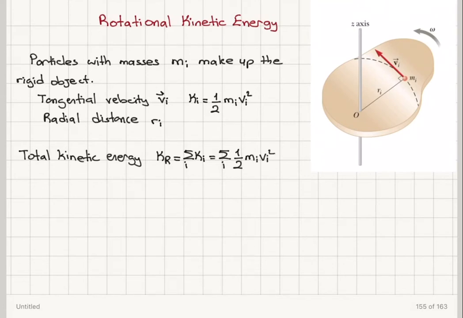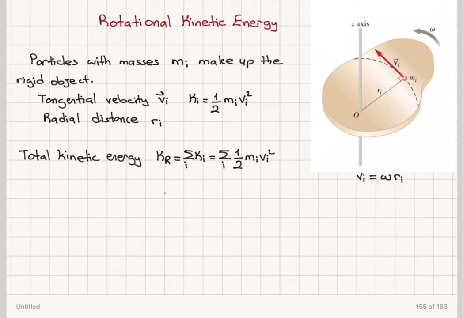Now for circular motion, remember that the tangential speed v sub I is related to the angular speed. It's going to be omega times r sub I, right? That comes from our study of circular motion.